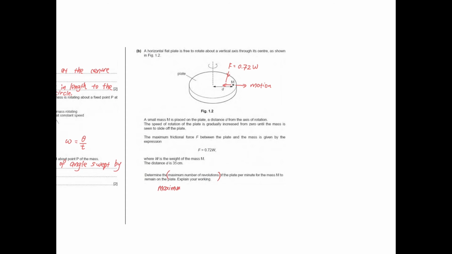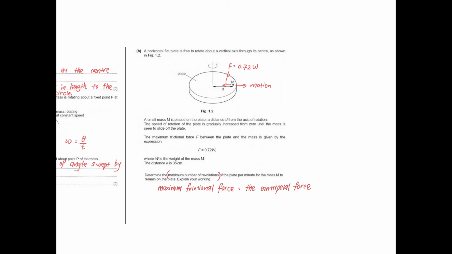You know, frictional force acts towards the center of circle, and hence it is centripetal force. So the maximum frictional force is equal to the centripetal force. So when we put everything to maximum, then you can count the maximum number of revolution per minute.